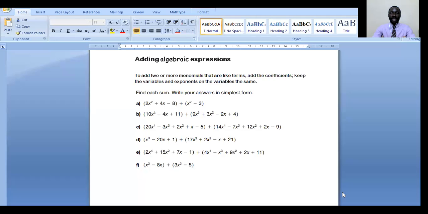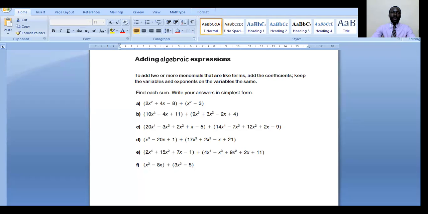Right away, I will be sharing with you a screen which is going to contain the questions which are going to guide us through this process of adding algebraic expressions.